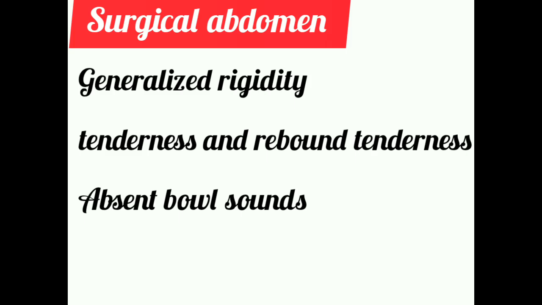Surgical abdomen implies that the underlying etiology requires an emergent evaluation by a surgeon. Examination of a surgical abdomen is characterized by rigidity, severe tenderness to palpation, rebound tenderness, and absent bowel sounds. But not every surgical emergency presents with these characteristics; for example, a ruptured AAA does not present with them.